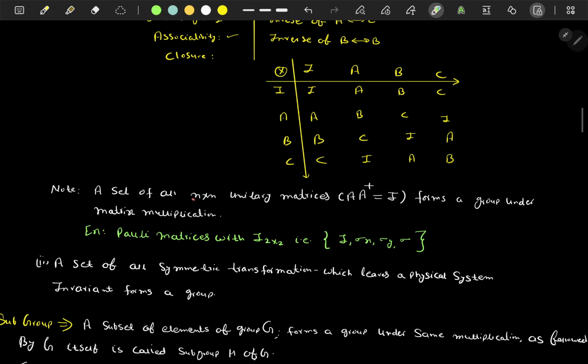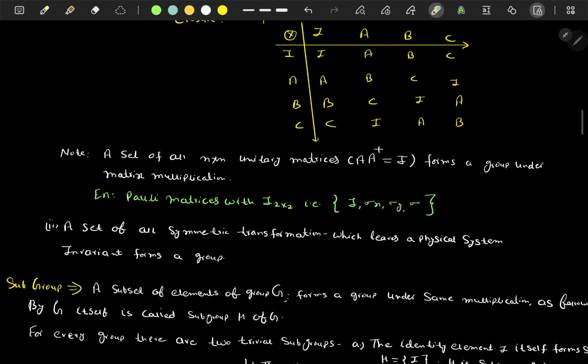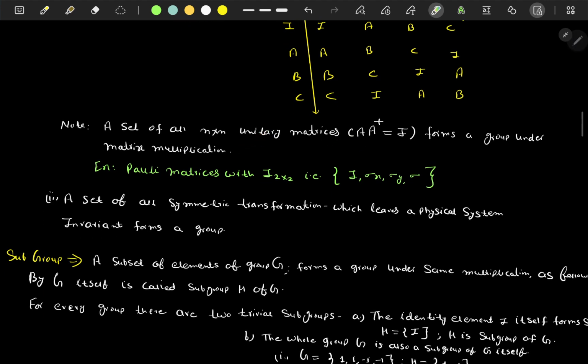Similarly, a set of all n cross n unitary matrices, A degree is I, is forming a group under matrix multiplication. So the set of unitary matrices forms a group.